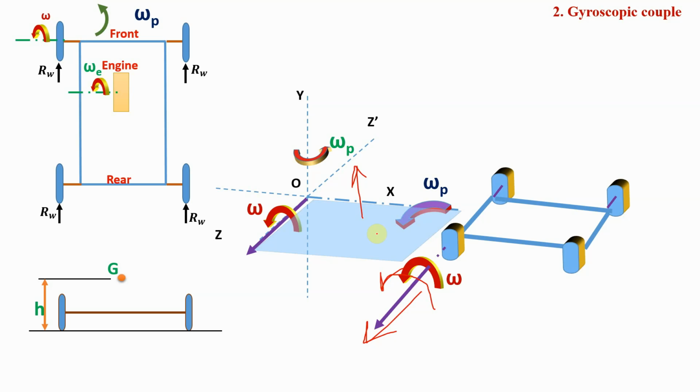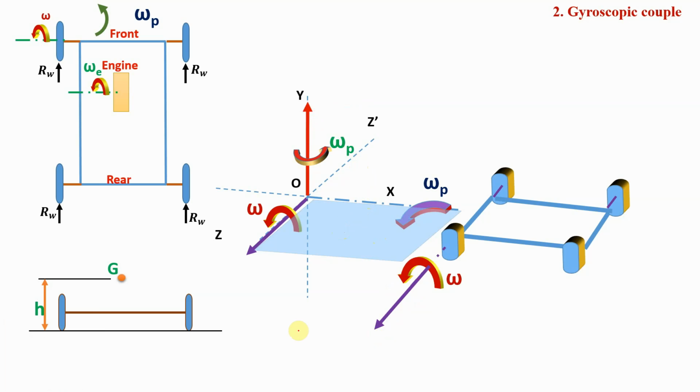What we do, we take the right hand in the precession plane XOZ, we curl the fingers of right hand in the sense of omega p, thumb will point in the direction of precession vector. So in this case it is going upwards, so precession vector will act along OY.